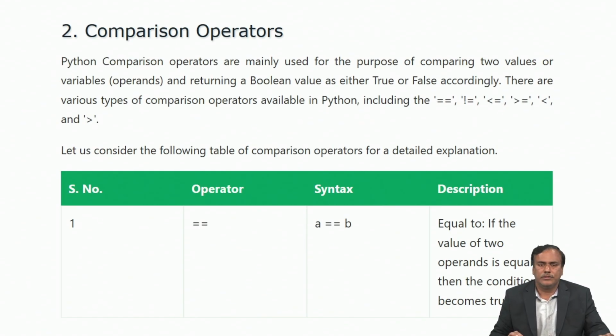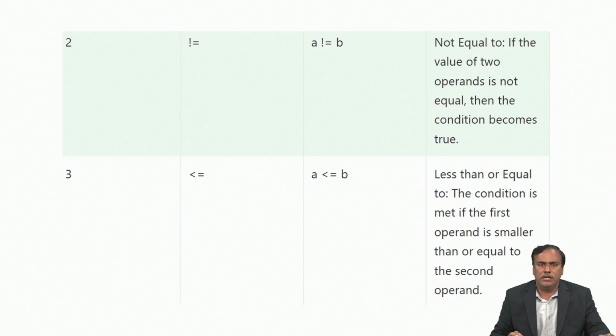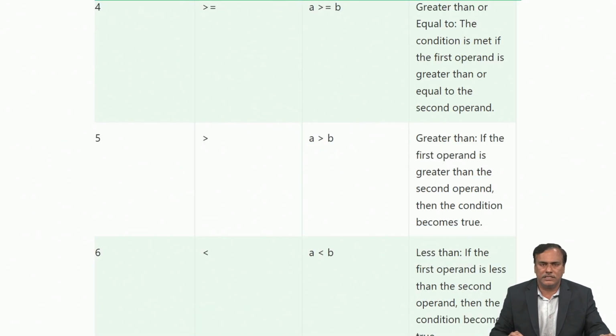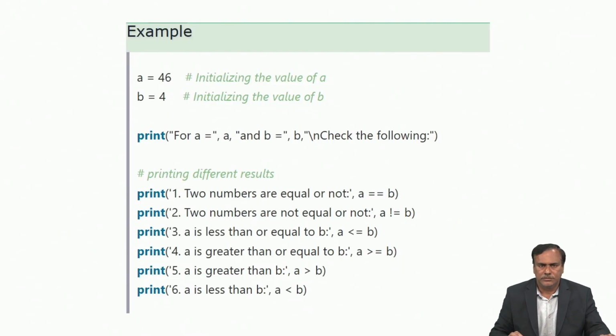For equal or not equal, this is how you are supposed to use it: the exclamation symbol followed by the assignment symbol without any space between them. And less than or equal, we also have greater than or equal, or less than or greater than. So these are the different types of relational operators that we have.